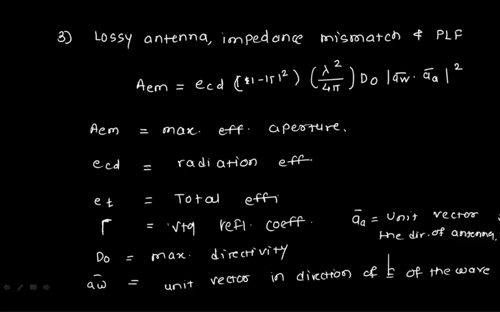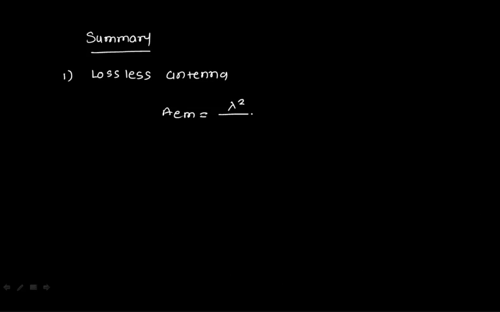So if I summarize what we have seen: if my antenna is a lossless antenna, I don't have any loss. So for a lossless antenna, my effective aperture AEM is equal to lambda square by 4 pi into D0. What about the antenna with all losses?